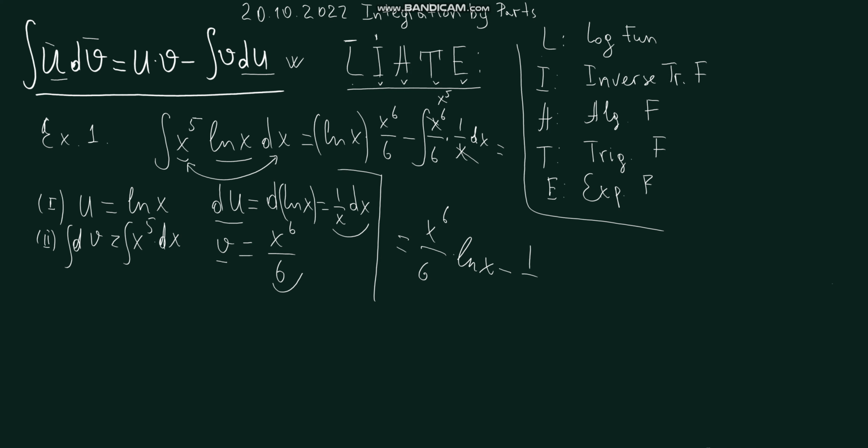I may take it out from the integral sign, and then the integral of x to the 5th power equals x to the 6th power over 6 plus c. That's all. We may simplify the last terms. So we have x to the 6th power over 6 multiplied by ln of x minus x to the 6th power over 36 plus c.